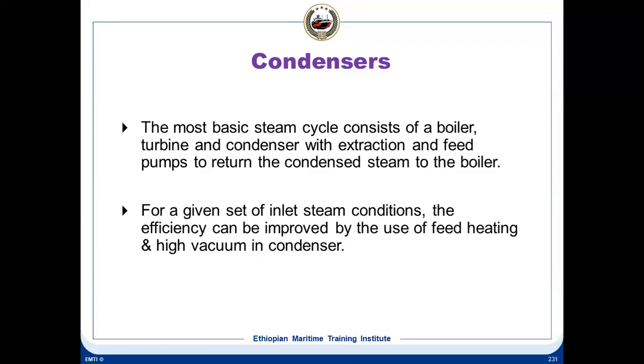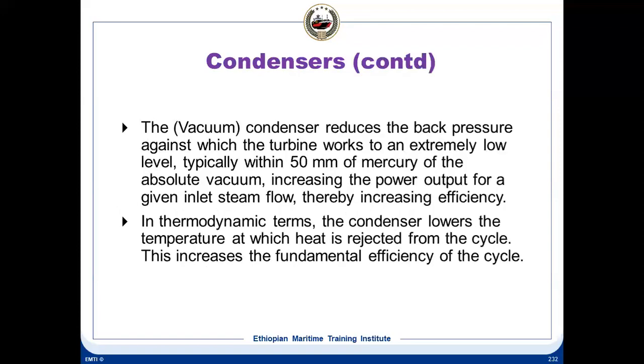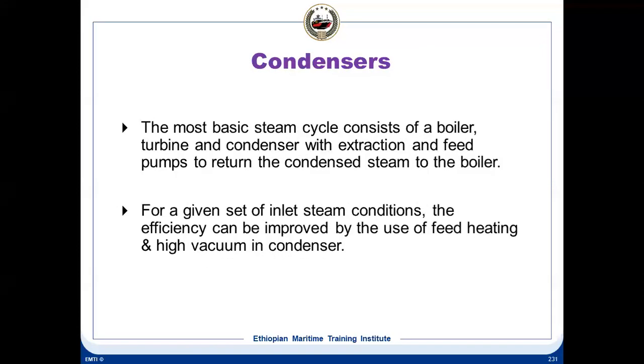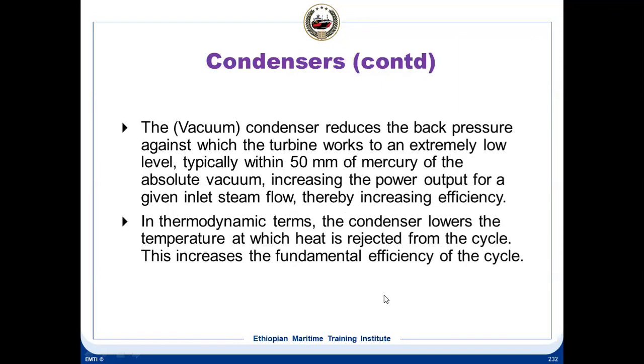We had talked about this, I think, a few classes ago, why it is advantageous to have a high degree of vacuum in a condenser. The condenser reduces the back pressure against which the turbine works to an extremely low level.